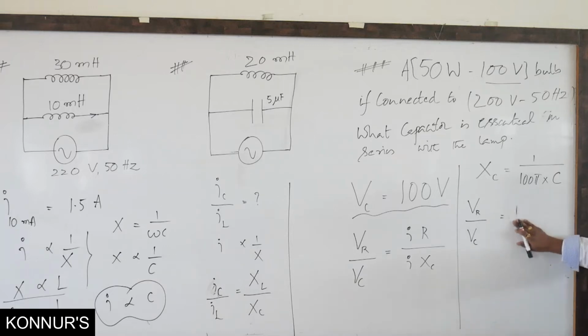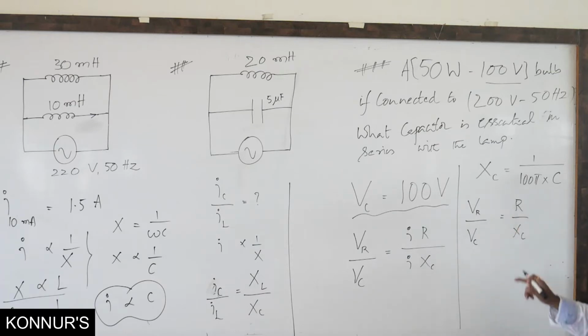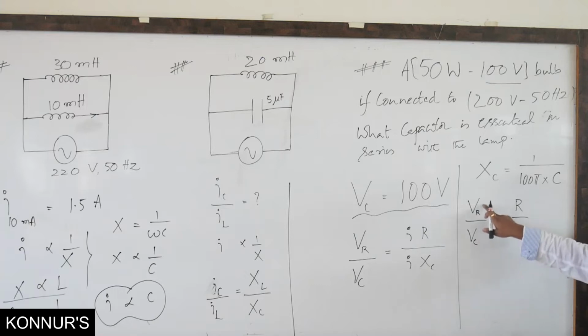And we know that this ratio VR by VC is equal to R by XC, the ratio of voltages is the ratio of resistances. Therefore, XC should be equal to R because in the given data this ratio is 1.